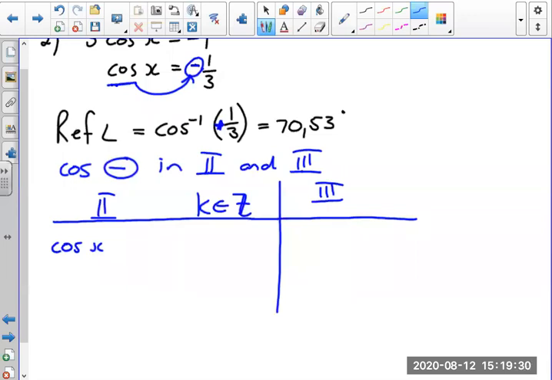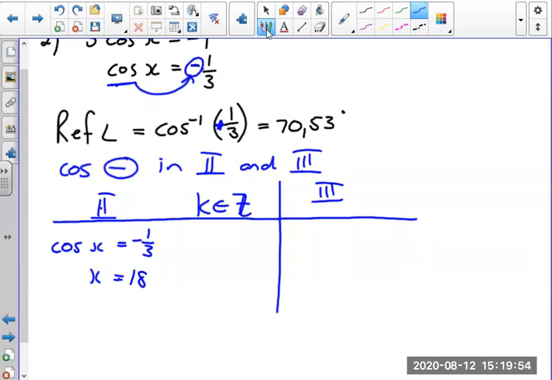Okay, so you're saying for quadrant 2, x is equal to, now you take your reference angle in the second quadrant. So what do you do in the second quadrant?